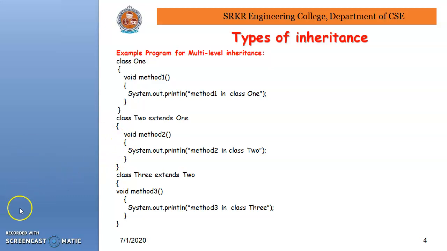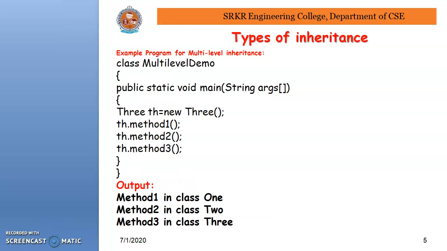This is a multi-level inheritance. In this, 1 has method 1, 2 has method 2, 3 has method 3. This is the main class. In this main class we have to create an object for class 3, with object name new 3.